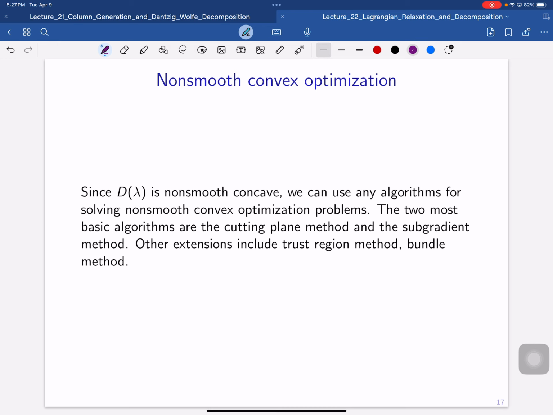But when it is non-smooth, you cannot use gradient descent because at some points it does not have a gradient. The two most basic algorithms are the cutting plane method and the subgradient method. We will only talk about these two most basic algorithms to solve this non-smooth convex problem.